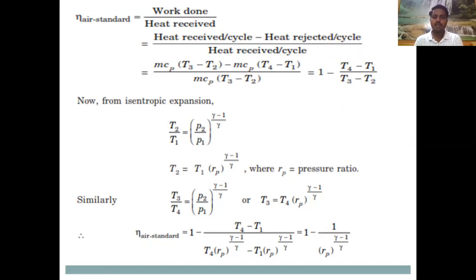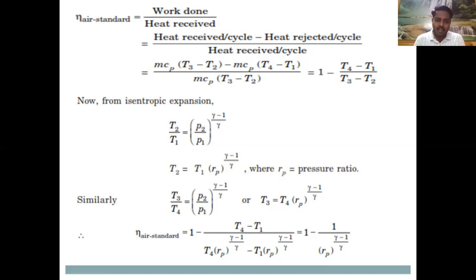So the heat received is m Cp delta T minus m Cp delta T for the cooler, divided by m Cp delta T. And you know the delta T for the heat exchanger and cooler. That gives 1 minus (T4 minus T1) divided by (T3 minus T2) as our efficiency.